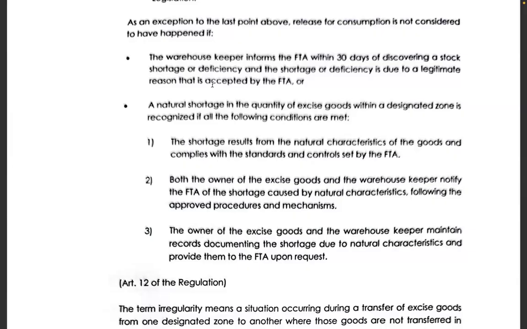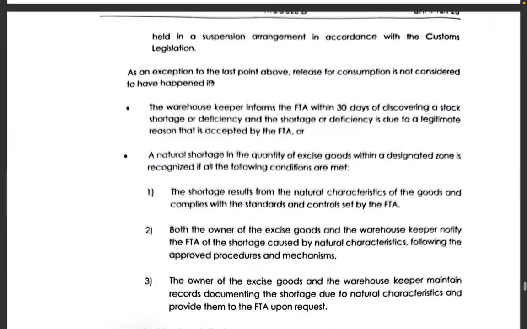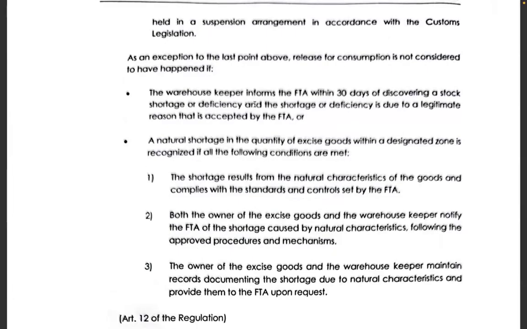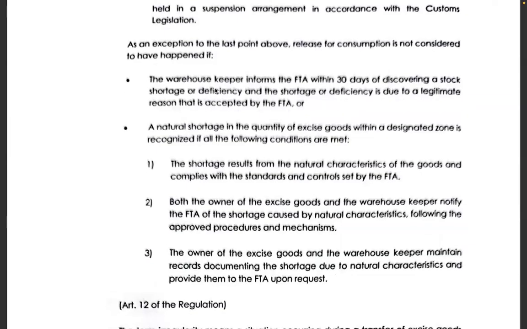So we read that earlier on. There can be situations where, because of natural reasons, there was a shortage or deficiency, and the warehouse keeper did inform the FTA within 30 days of that.